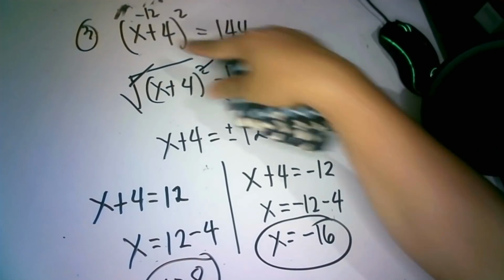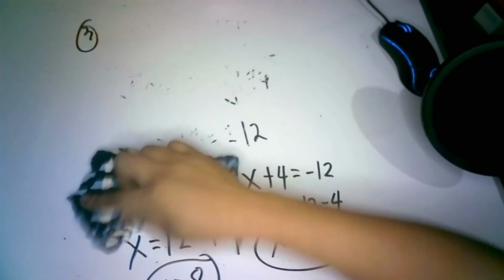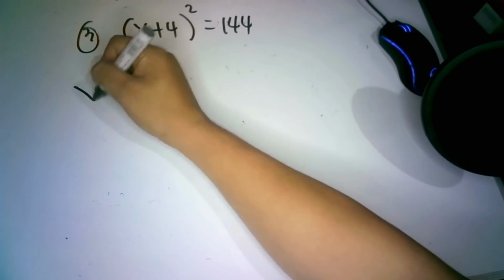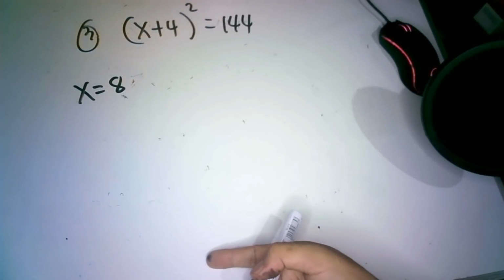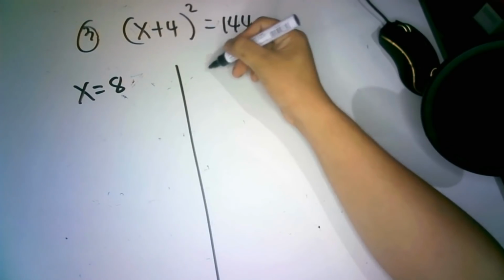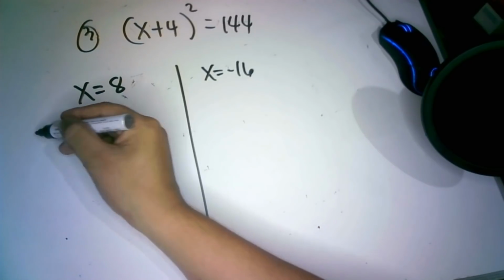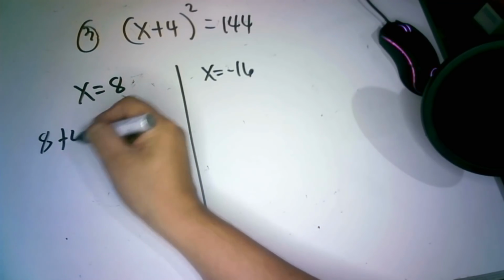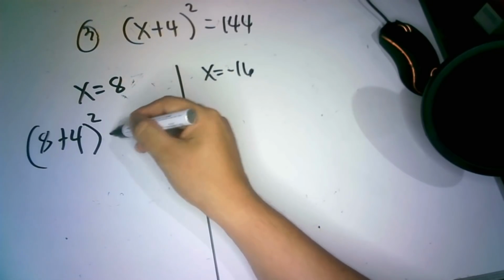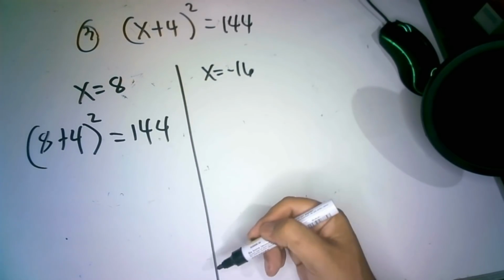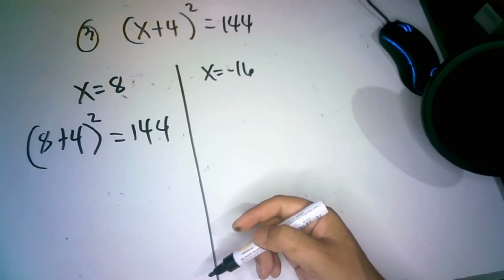Remember, our equation is (x + 4)^2 = 144. Our first value of x is 8, and the second value is x = -16, based on our solution. Let's check. This becomes (8 + 4)^2 = 144.